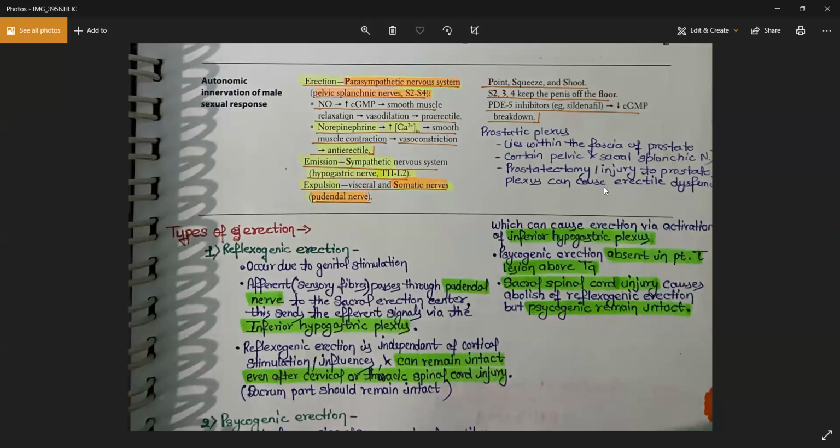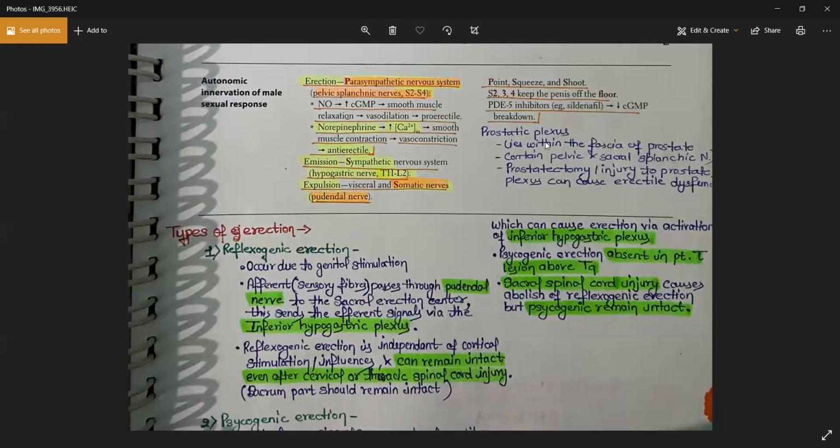So note that fact also. Erectile dysfunction happens after a prostatectomy, and the examiner may ask you why the patient has this erectile dysfunction after the prostatectomy. It is because you have damaged the prostatic plexus of the patient that contains all the parasympathetic as well as the sympathetic supply.